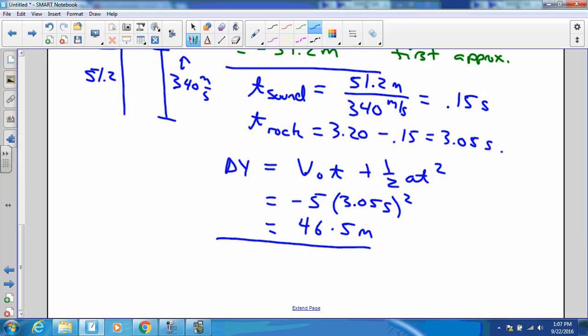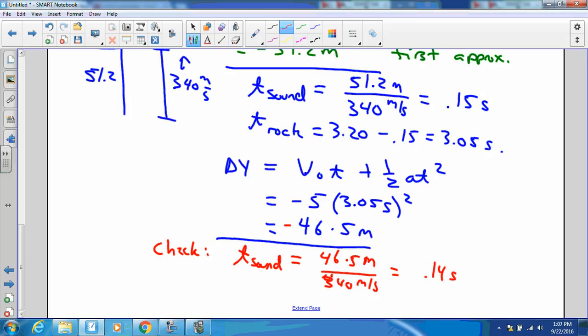How close to the true value? If I really wanted to, I could check this by doing a third draft in exactly the same way. I could find T sound based upon my new updated information of 46.5 meters, the negative sign there, divided by 340 meters per second.